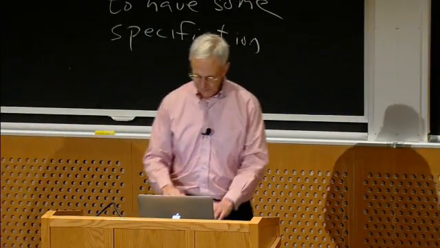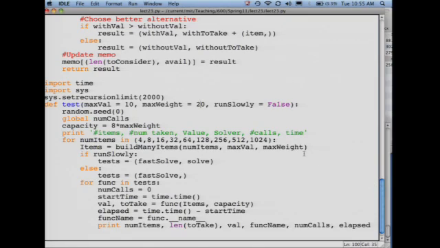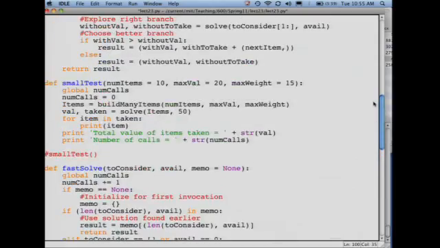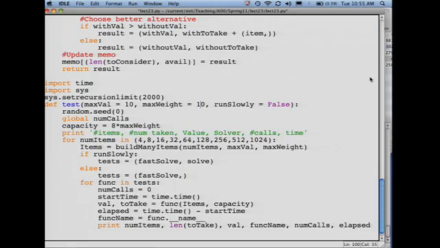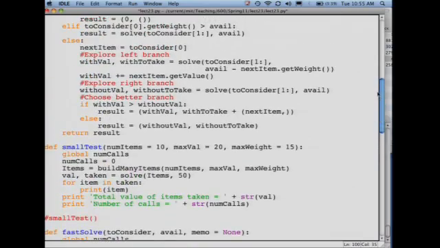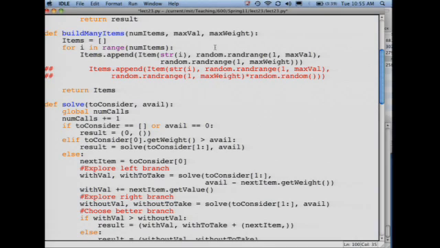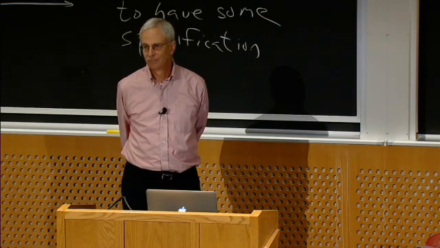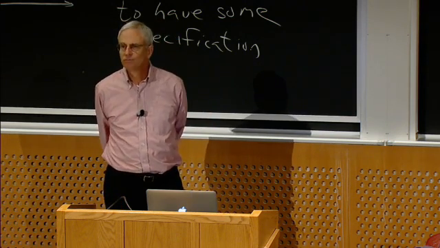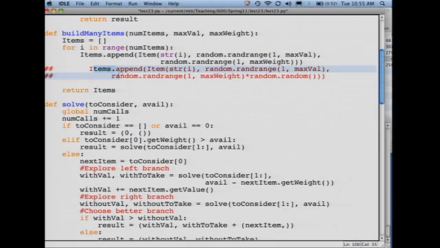Suppose I did something really nasty and went up here where I built my items. So here you'll see when I built my items, I chose the weight between 1 and max weight. And these were all integers, ints. Suppose instead of that, I do this.